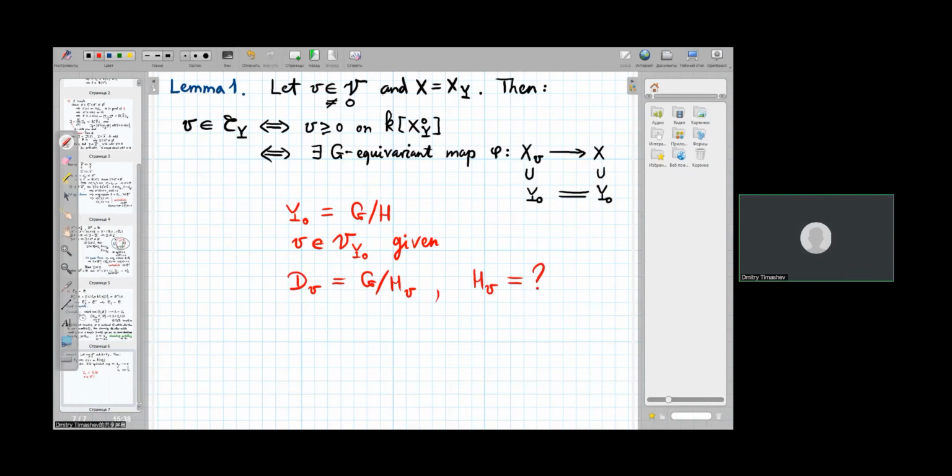Well, indirectly, you can compute this H_V because, let me say a few words, nowadays there is a complete classification of spherical homogeneous spaces in terms of combinatorial data.